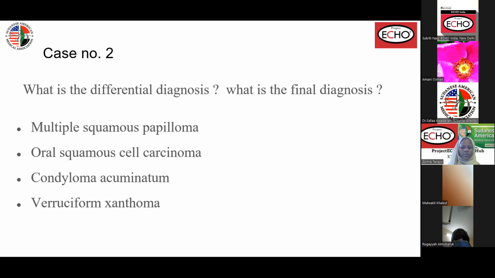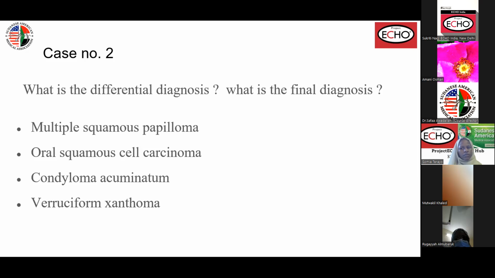So this gives us a little bit more motivation to expect that multiple squamous papilloma might actually occur for this patient. However, squamous papilloma does not appear in the anogenital area, and this patient has these lesions in the oral cavity and in the anogenital area as well. So this makes us a little bit suspicious, or we may have some doubts.